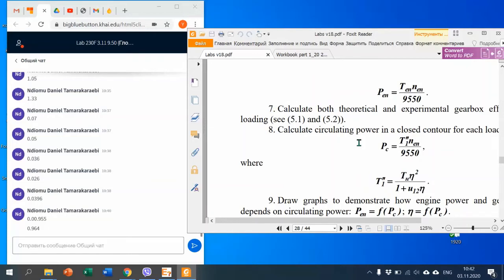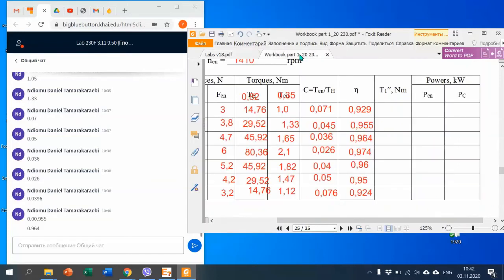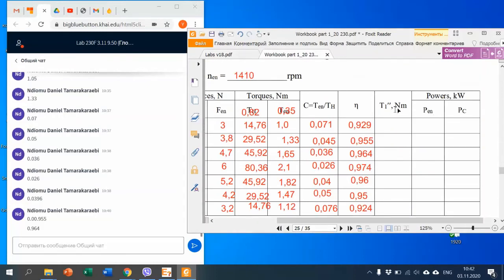because the power of the engine is T engine times rotational speed divided by 9550.